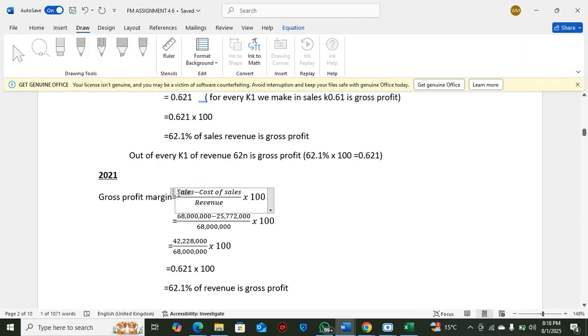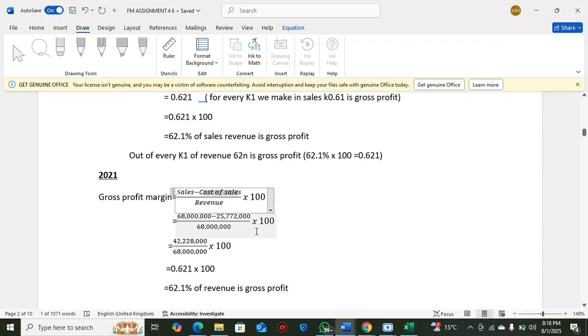If your sales revenue grows more than your cost of sales, you're going to have a higher gross profit, and a higher gross profit means a higher gross profit margin. Apart from increasing sales revenue, a company can try to reduce its cost of sales. If you reduce the cost of sales, your gross profit is going to be larger, and so is the gross profit margin.